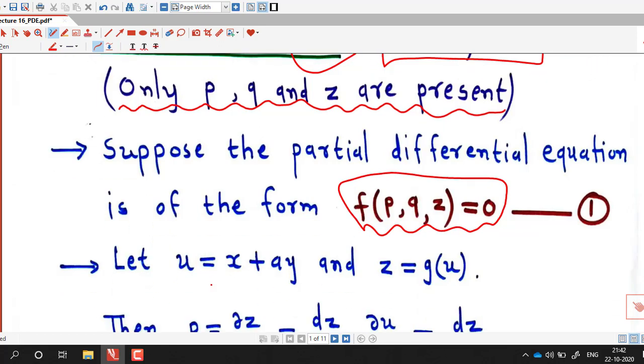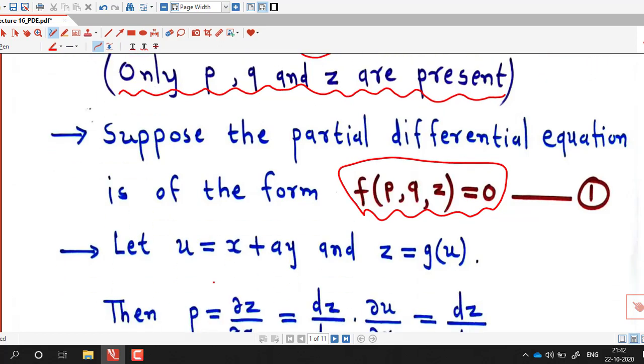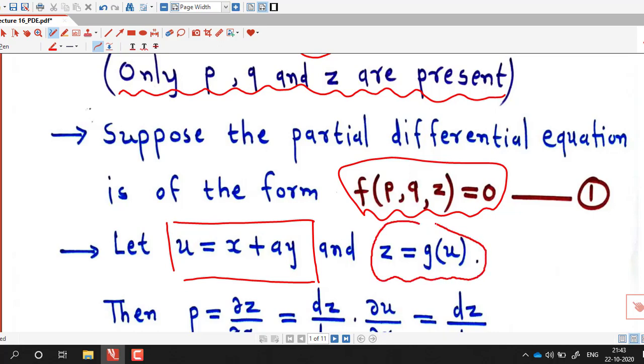So for this standard form 2, we have to define a new variable denoted by small u. So we assume that small u is nothing but x plus ay, where a is arbitrary constant, and also we assume that z is function of u denoted by g of u.